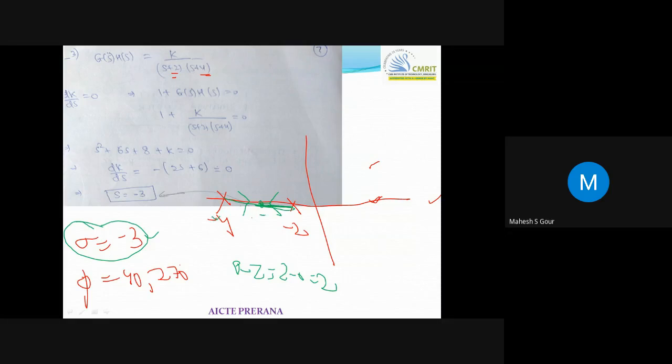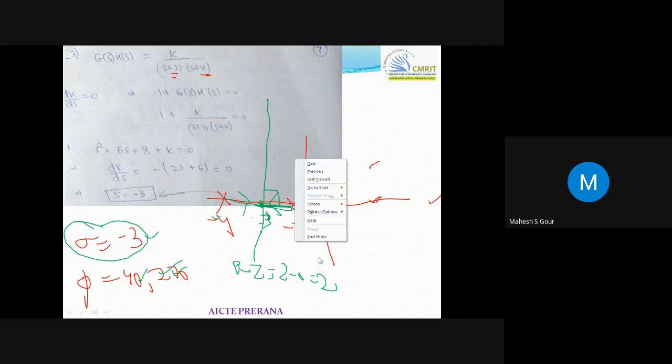So at -3 I'll draw the asymptotic lines, this one and this one. Why only at these two angles? Because this is 90 degrees from here and the line below is 270 degrees from the real axis, right? So I solved 90 and 270, both values are done.